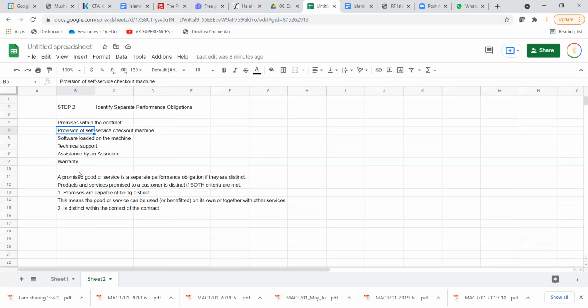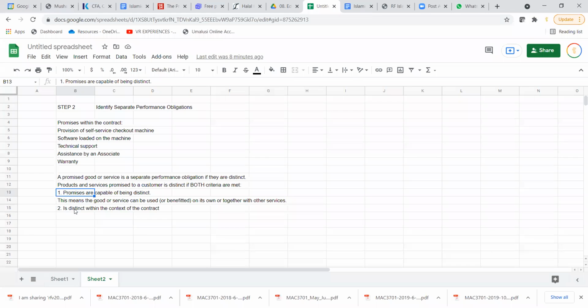The software plays an integral part of the machine. So based on that, it implies that the software and the machine are not distinct within the context of the contract, and as a result, it is one performance obligation.